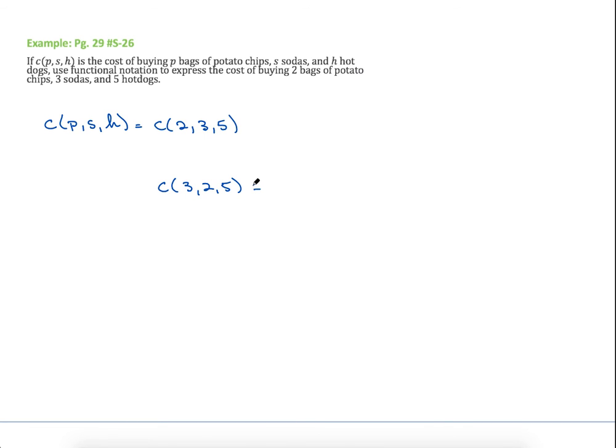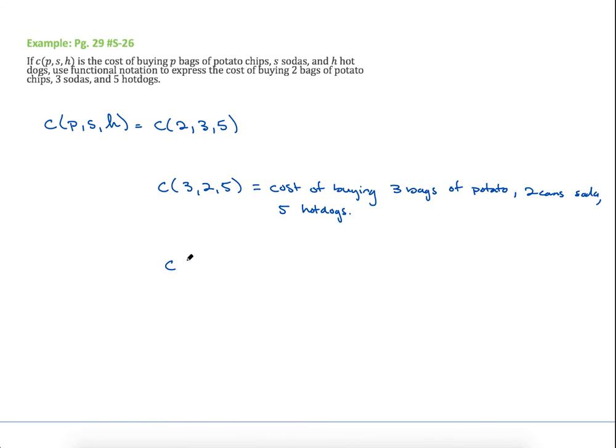This notation means the cost of buying 3 bags of potato chips and 2 cans of soda and 5 hot dogs, which is very different from buying 2 bags of potato chips and 3 cans of soda.